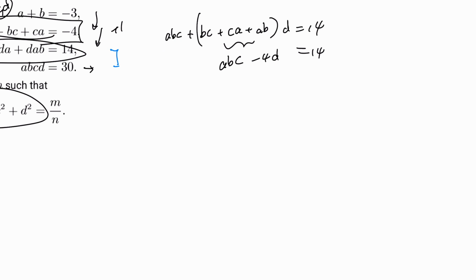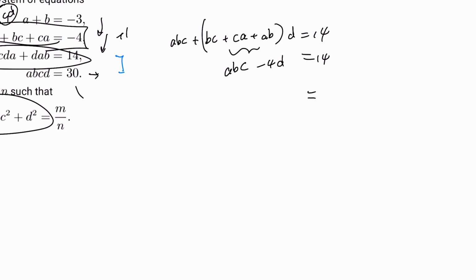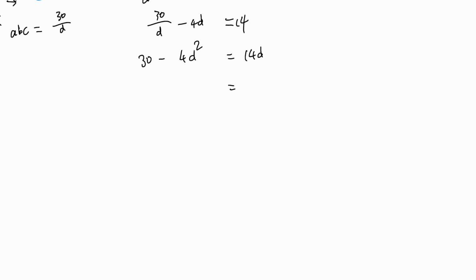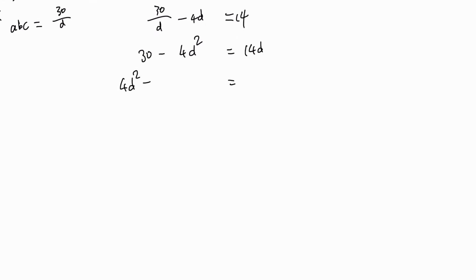And now we can use this information, and this information tells us ABC is equal to 30 over D. So 30 over D minus 4D is equal to 14. We can multiply both sides by D. So 30 minus 4D squared is equal to 14D, which gives us 4D squared plus 14D minus 30 is equal to 0. And we can simplify this a little bit more.